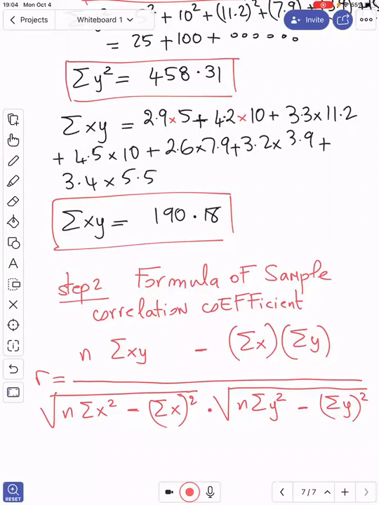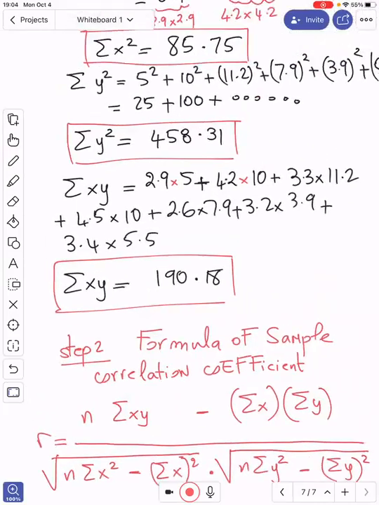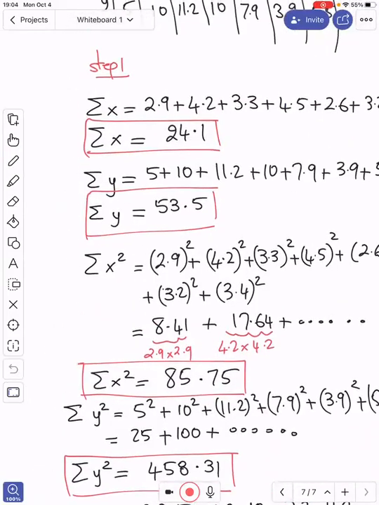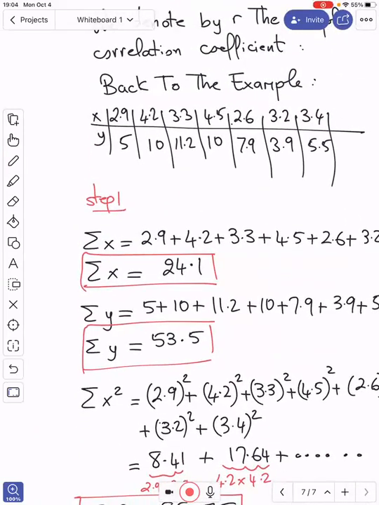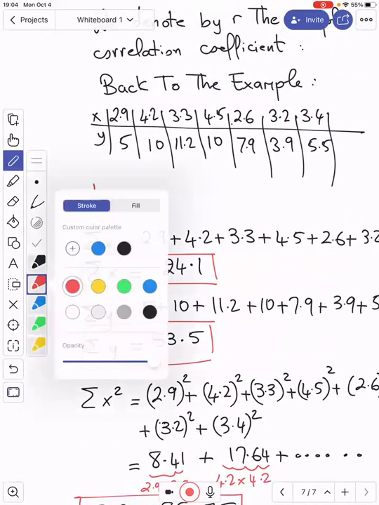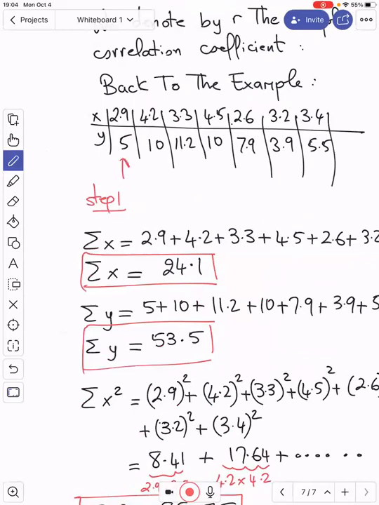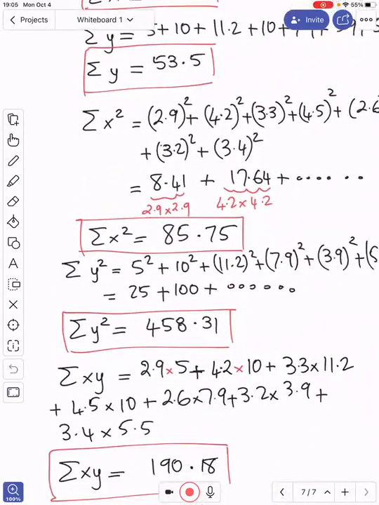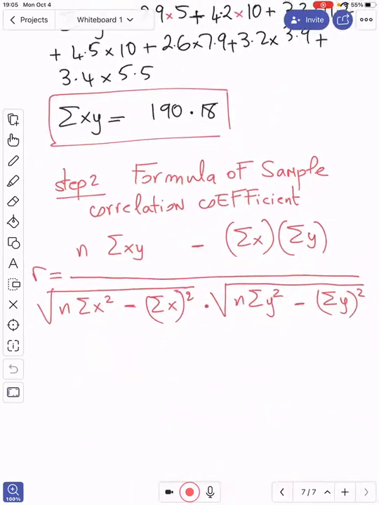So in our example, N is the number of data pairs. Here we have 7 data pairs, 1, 2, 3, 4, 5, 6, 7. So we have 7 points. So N is 7 in our example.